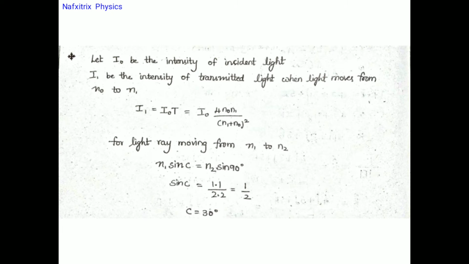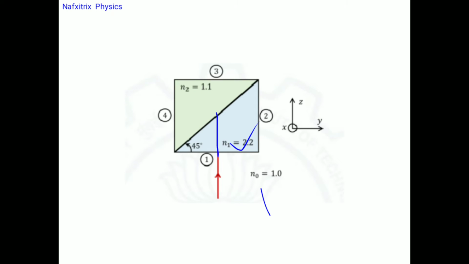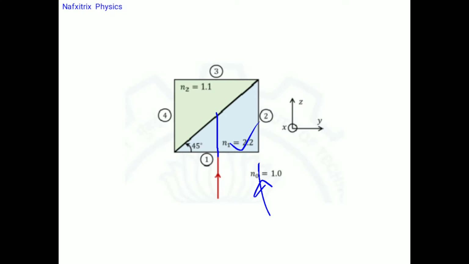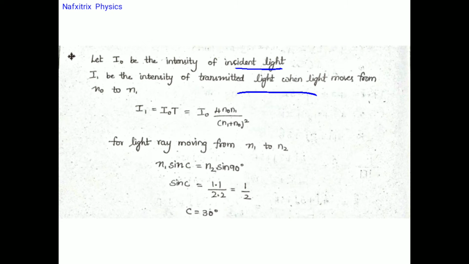For that, let I naught be the intensity of incident light. The light incident from here has intensity I naught, and I1 will be the intensity of transmitted light when light moves from n0 to n1. The formula for finding this I1 is the incident intensity times the transmission coefficient.